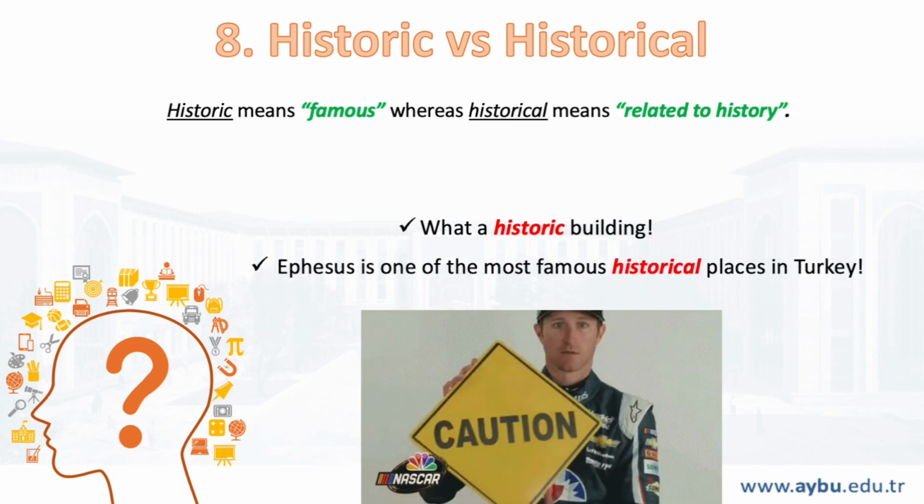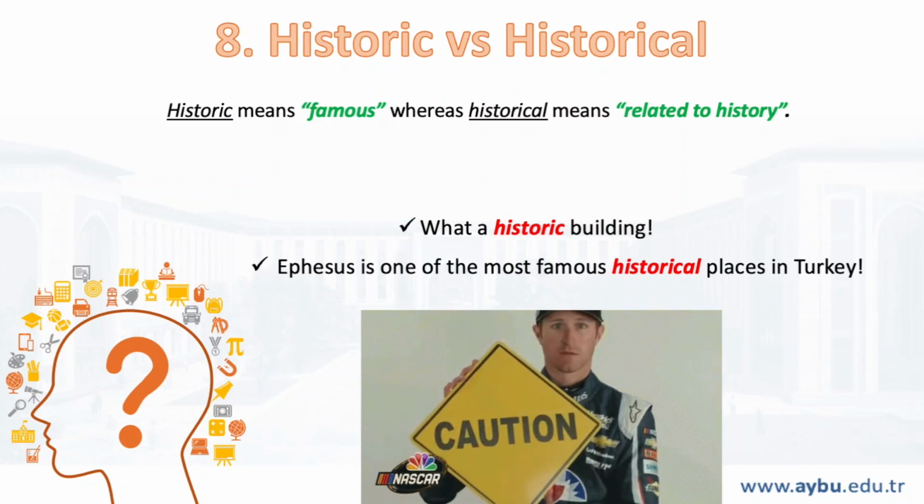But if you say Ephesus is one of the most famous historical places in Turkey, if you say historical, that means you're talking about something related to history. So this is the difference between historic as famous and historical as related to history. Grammatically speaking, both historic and historical are adjectives, by the way. However, they are not related to each other.